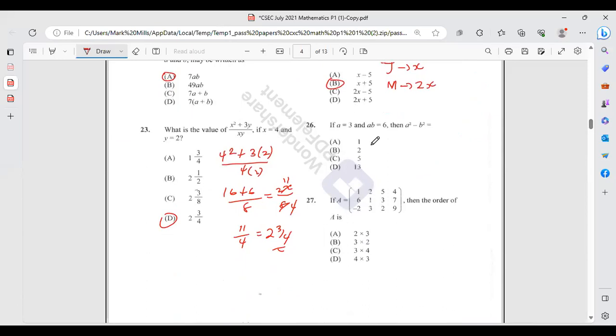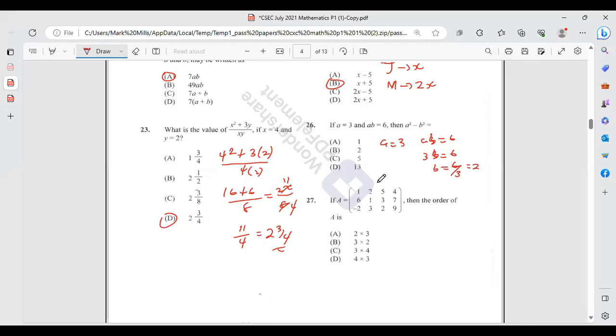Number 26. A is equal to 3, then AB is equal to 6. So 3 times B is equal to 6. How do I get B now? 6 divided by 3, which gives me 2.